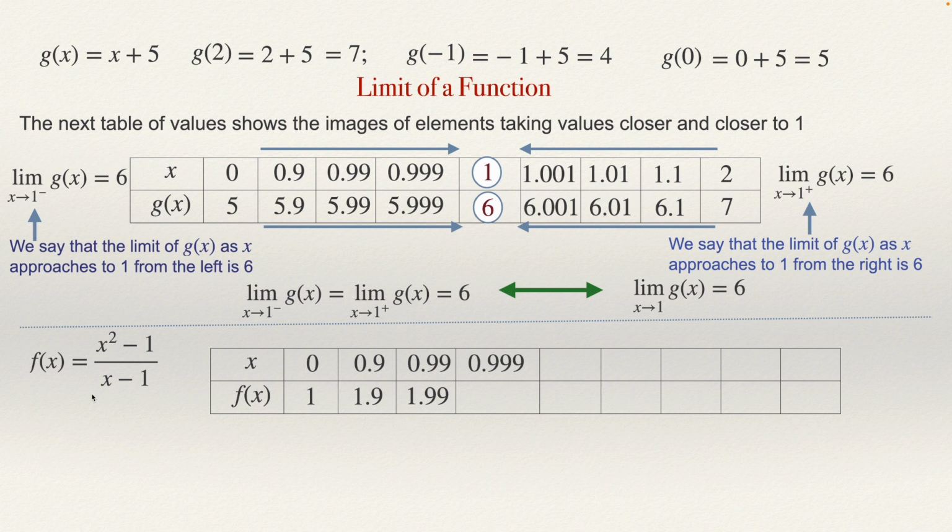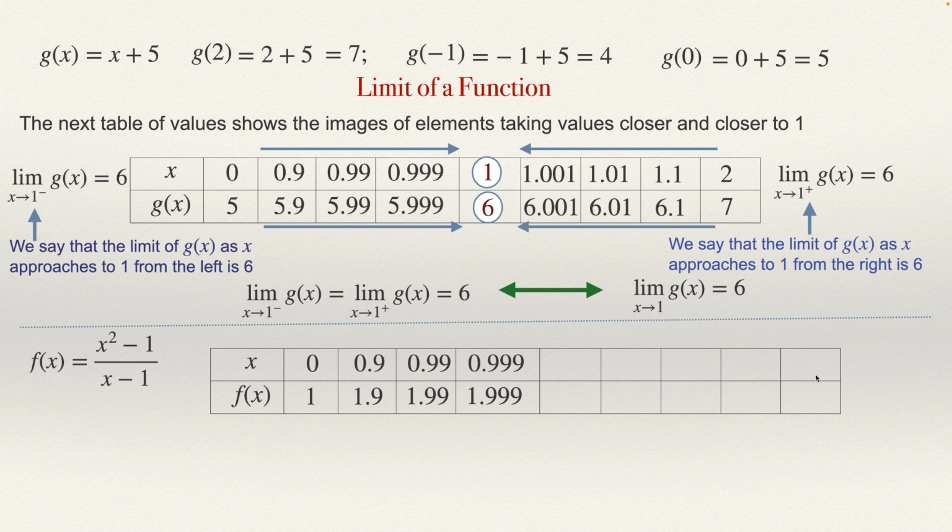Then you will notice that the value of the function will be 1.999. So we observe that if the value of x approaches 1, taking values lower than 1, then the value of the function approaches 2. So it means the limit as x approaches 1 of f(x) equals 2.